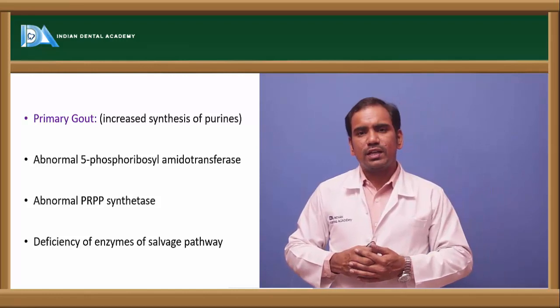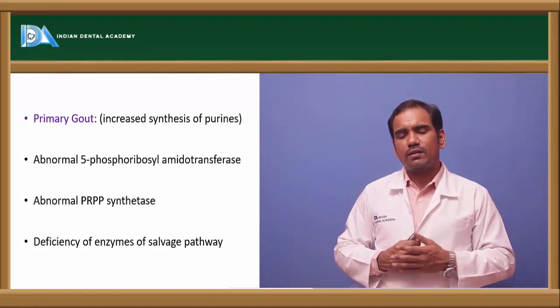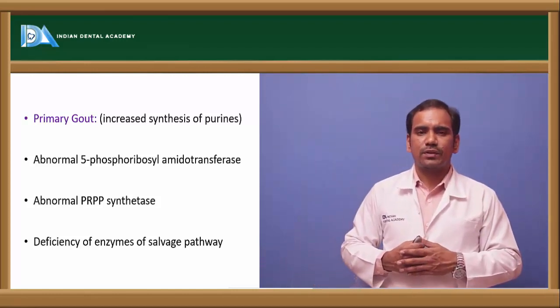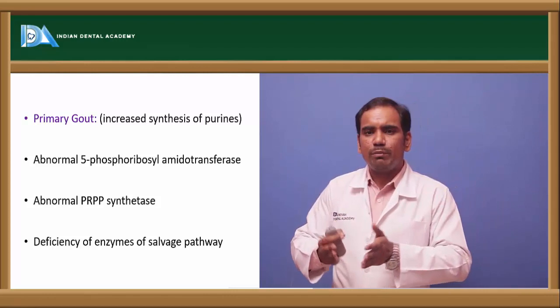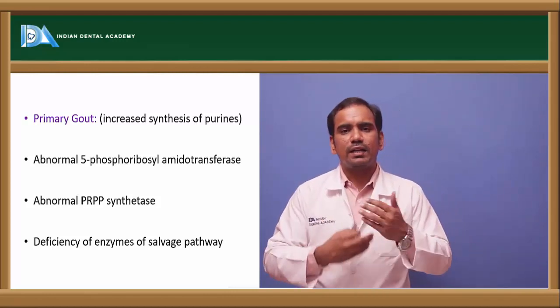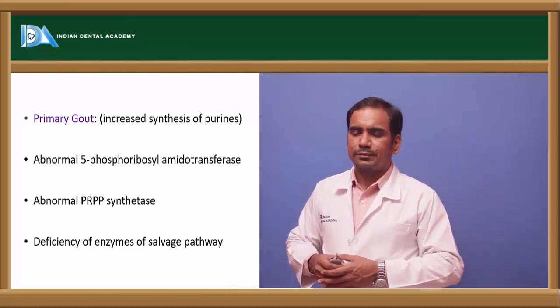The same occurs in the case of abnormal PRPP synthetase and deficiency of enzymes of the salvage pathway. Whenever there is a deficiency of enzymes of the salvage pathway, like APRT, adenine phosphoribosyl transferase, and hypoxanthine guanine phosphoribosyl transferase, free purines cannot be recycled. Those free purines are subjected to catabolism, and increased catabolism of free purines leads to increased uric acid.